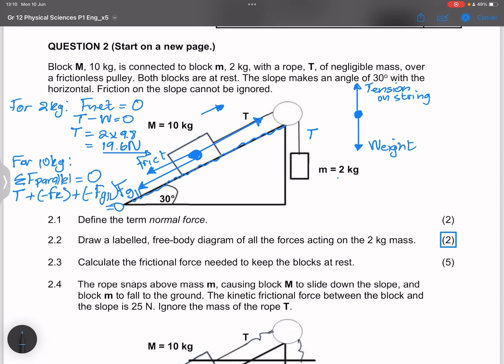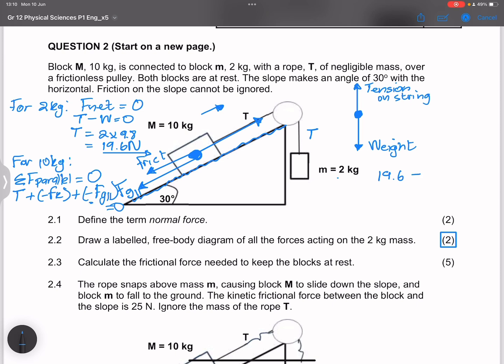Right, I'm going to try and complete this on the other side. So this means that, ladies and gents, tension would therefore, because we're looking for friction, we know that our tension is 19.6, minus Fg parallel.